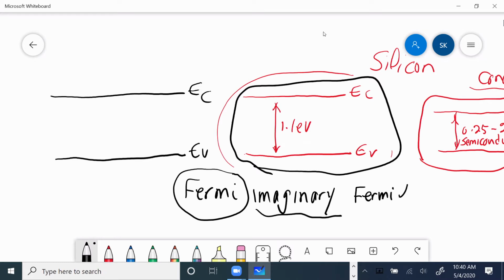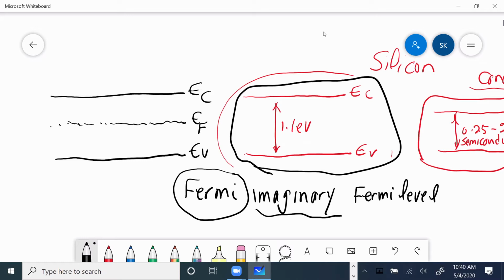This level doesn't really exist. He just brought it up. It's called EF, for Fermi, that imaginary energy level.